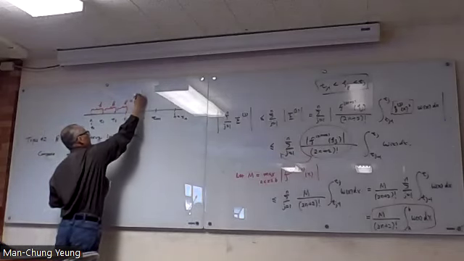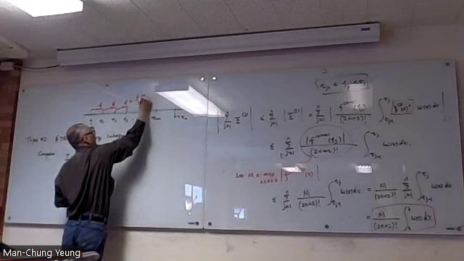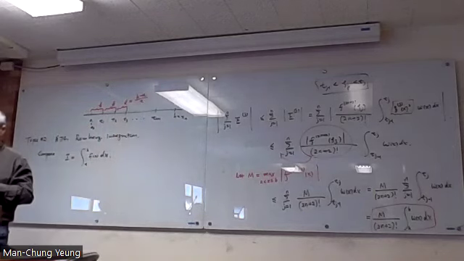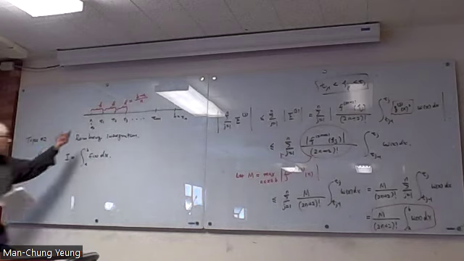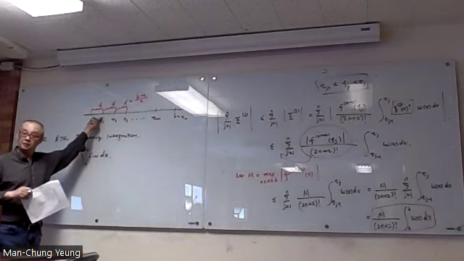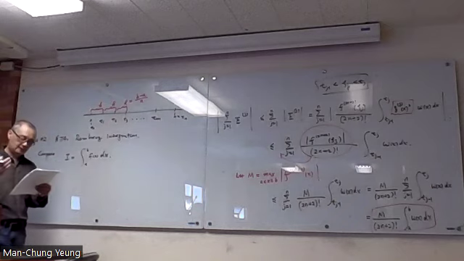What is h? h is (b minus a) over n. Now apply the trapezoid rule over each subinterval. Then we get the composite trapezoid rule.